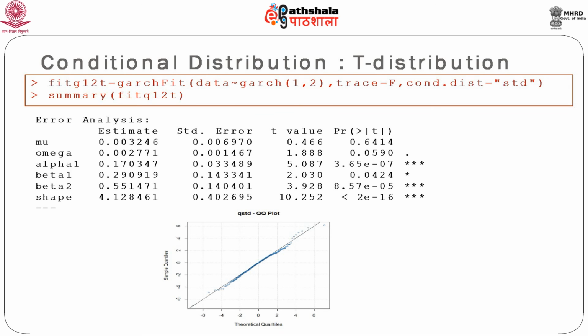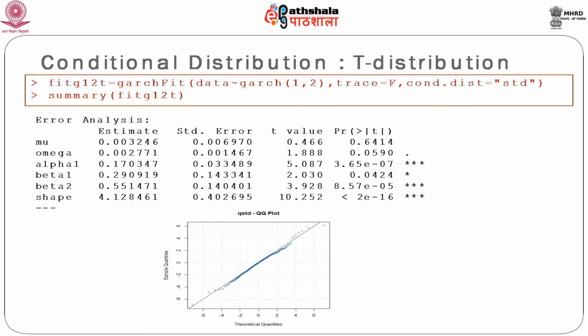For selecting it, there is another parameter in garchFit, cond.dist: for normal it is norm, and for the student t distribution it is std. You can refit the model with t conditional distribution and get the summary with the summary function.